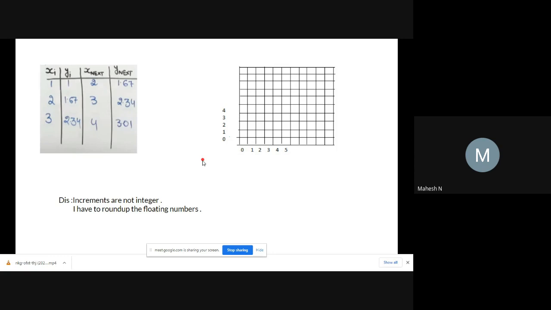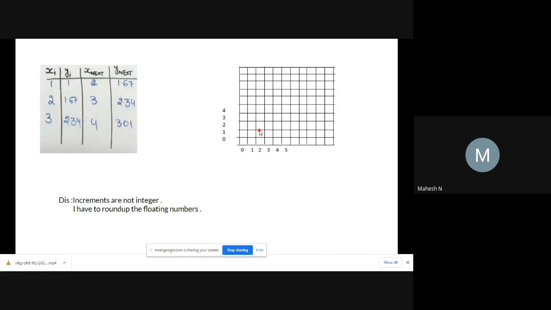I can plot only if my coordinates are integers. If they are floating point, I cannot plot exactly. I have the 2 1 or 2 2 pixel, but not the 2 comma 1.67 pixel. This is a problem now.